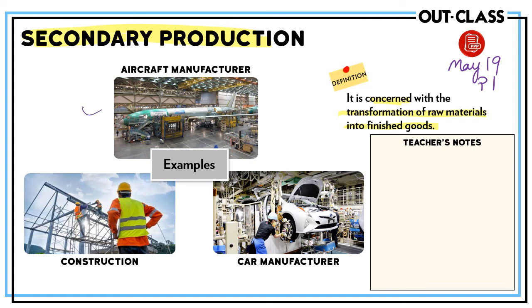For example, aircraft or car manufacturing or construction. There are so many things. We can even include stitching, the most famous being the clothing industry. There are so many different things that come under secondary production that you can think of.